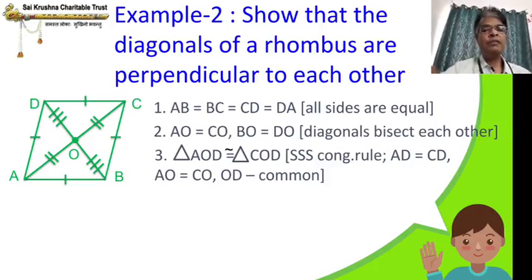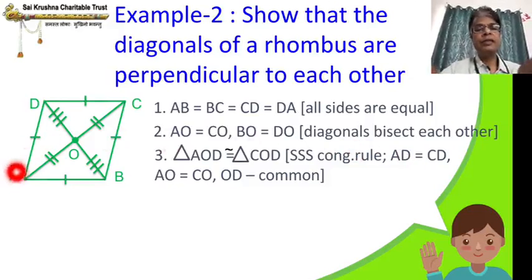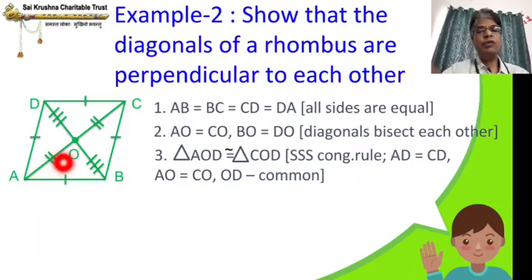You can see AD equal to CD. You can see the angle also, AOD equal to COD. AO is following double dash, CO is following double dash, OD is following triple dash.